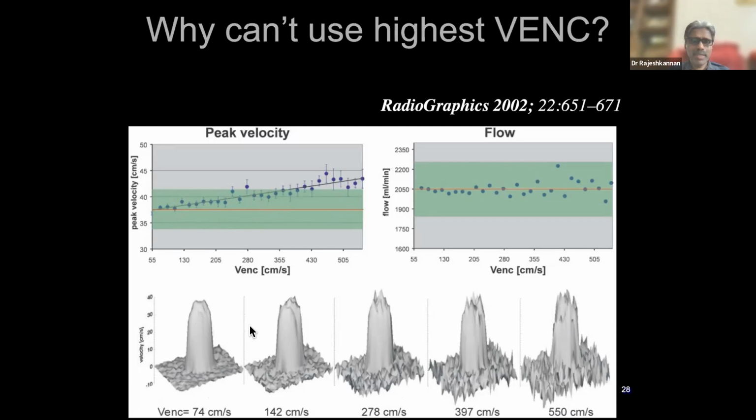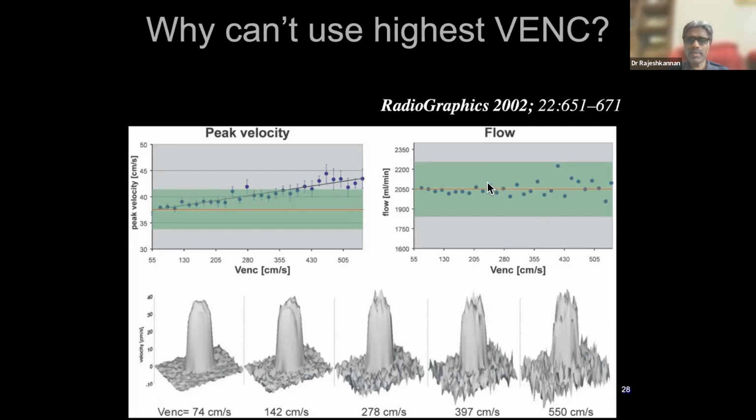As we keep increasing the Venc, the chance of error is very high. If the Venc used is more than, say, twice or 3 times that of the actual vessel velocity, the chance of error is very high. Why? Because you get a lot more noise, and identifying the peak velocity will be really difficult.